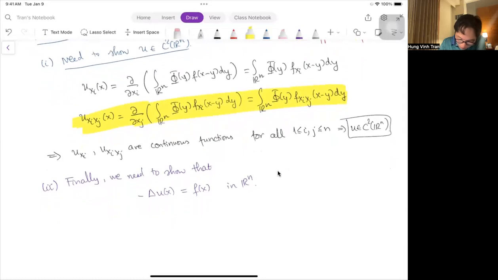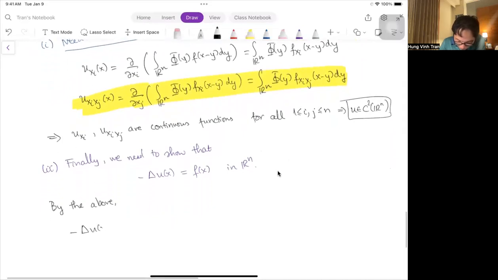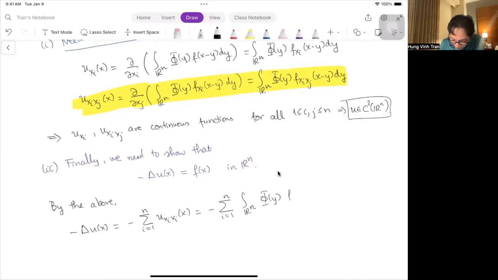So by the above computation, we have minus Laplacian of u of x. By definition, minus Laplacian is minus the summation of all the repeated second order derivatives u_xi xi of x. Using the formula I just highlighted, this is minus the summation i from 1 to n of the integral in R^n of phi of y f_xi xi of x minus y dy.